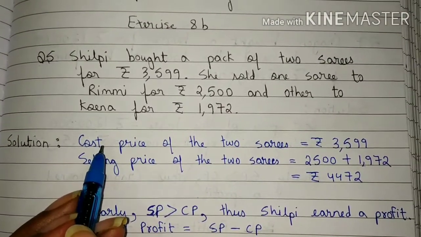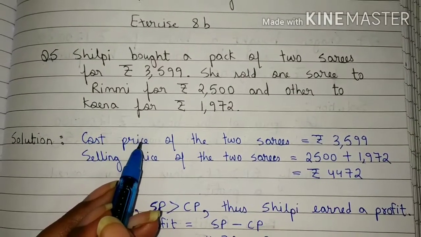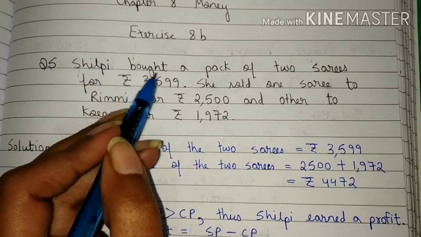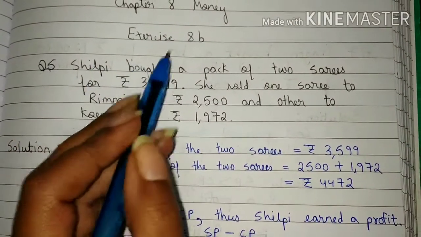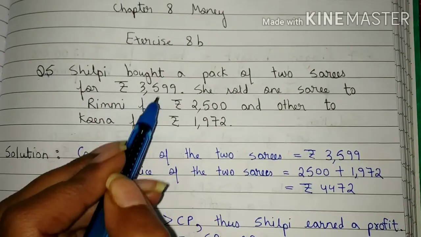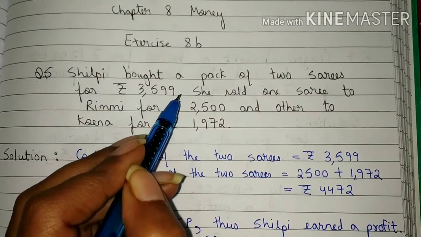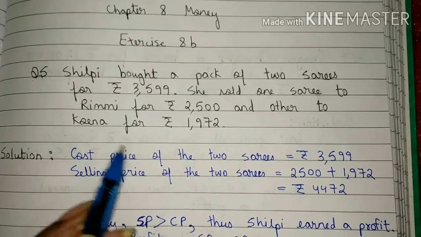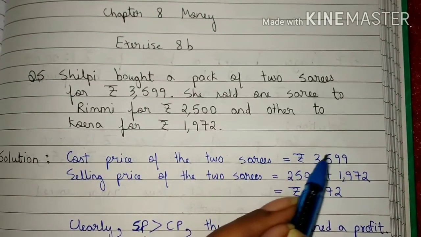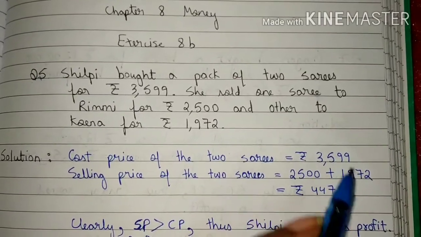Students, we know that cost price is the price at which a person buys something. In this statement, Shilpi purchased a pack of 2 sarees for rupees 3599. So for Shilpi, the cost price of the 2 sarees is rupees 3599.